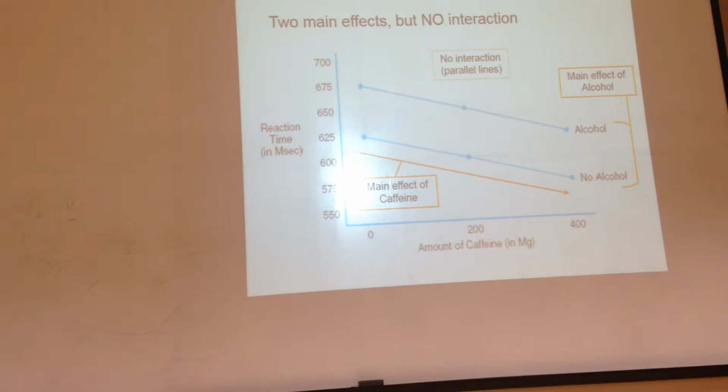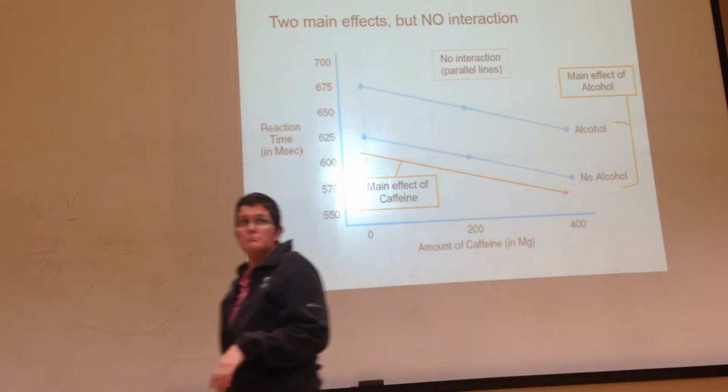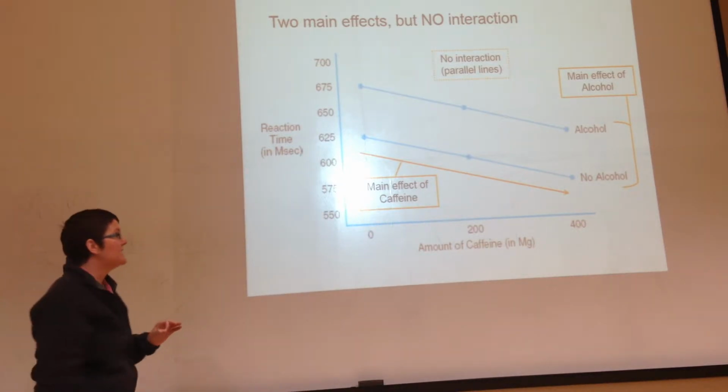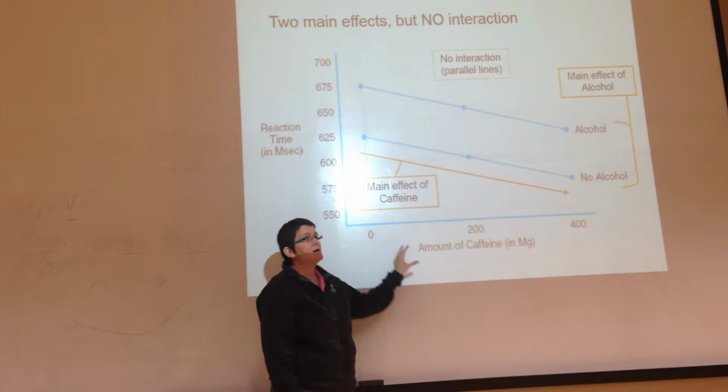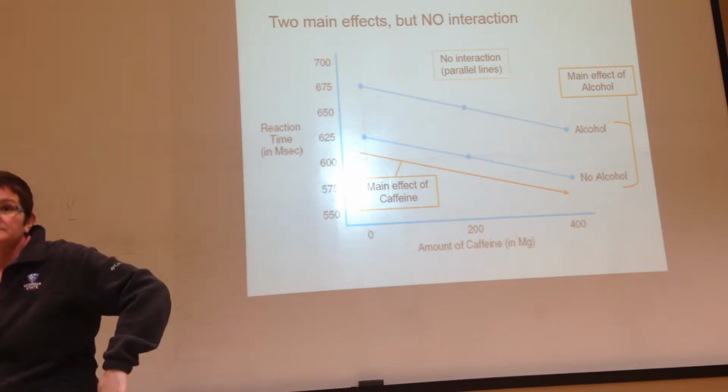If the lines have a slope that is 0 or close to 0, there's no chance of there being a main effect of that variable. So when it comes to the variable on the x-axis in line graphs, we care about the slope. The steeper the slope, the bigger the effect.